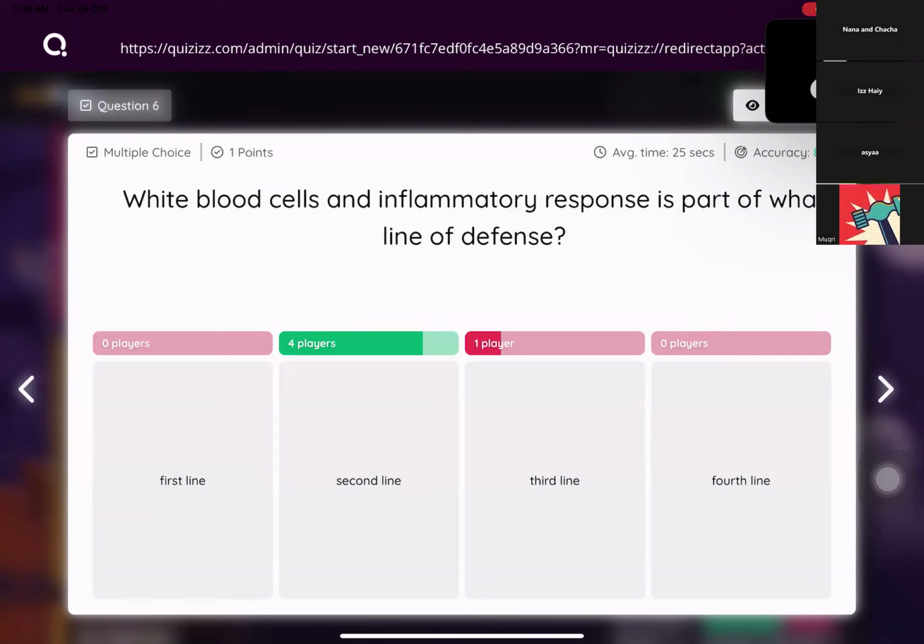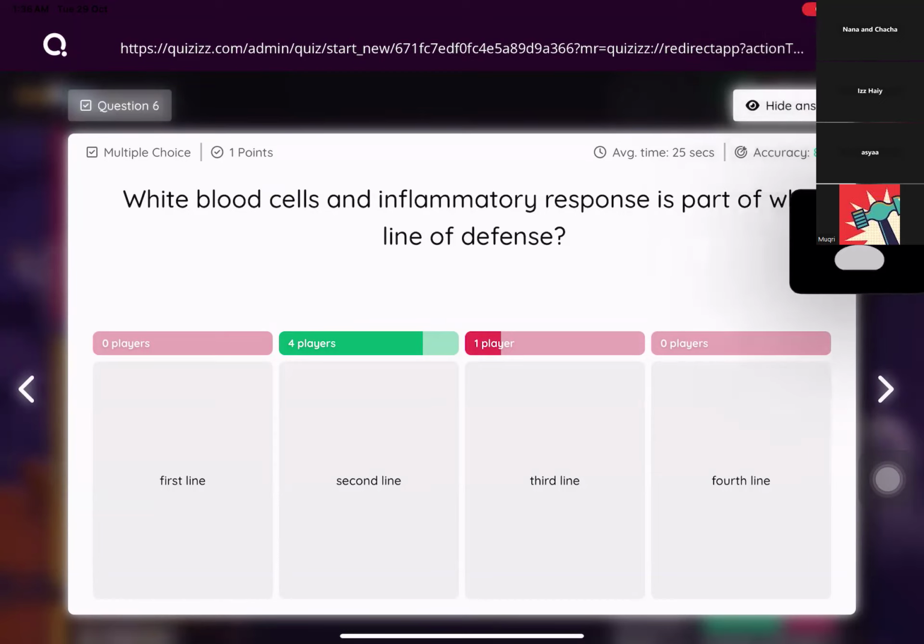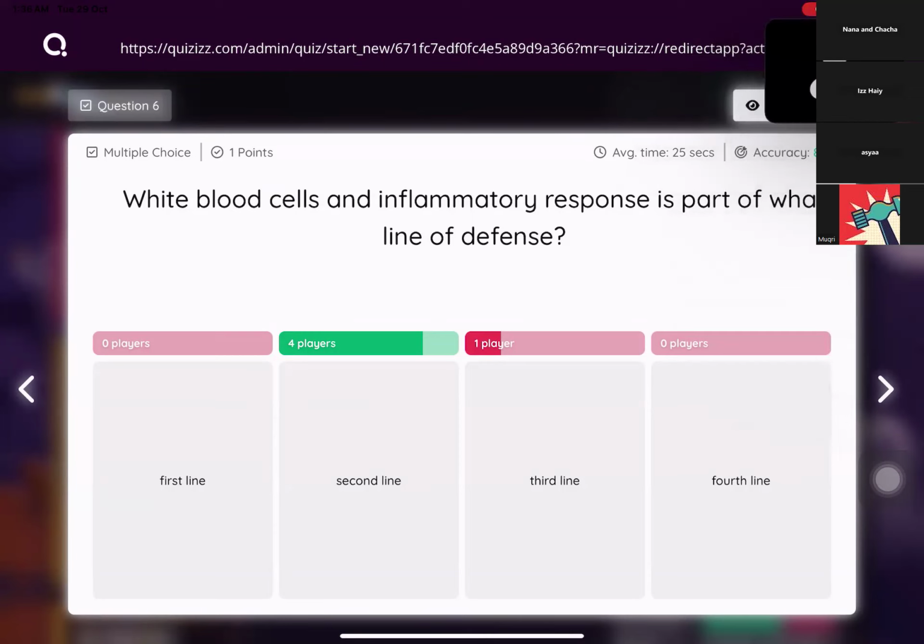Inflammatory response. I forgot to cancel this question, because the first line defense and third line defense, that one you learn in SPM. It's not in IGCSE. I forgot to cancel.